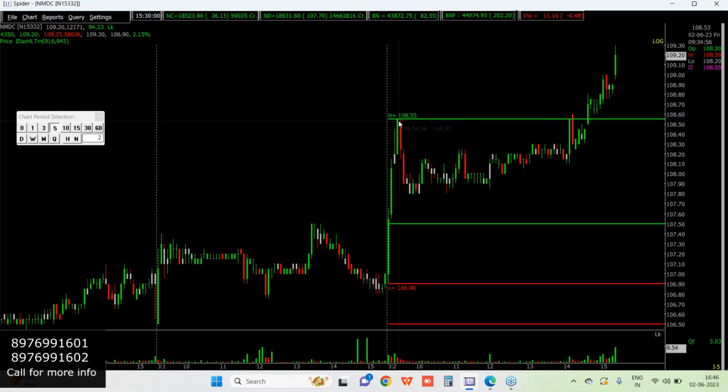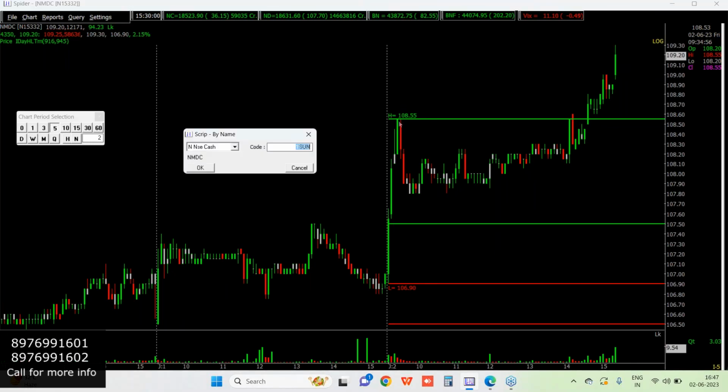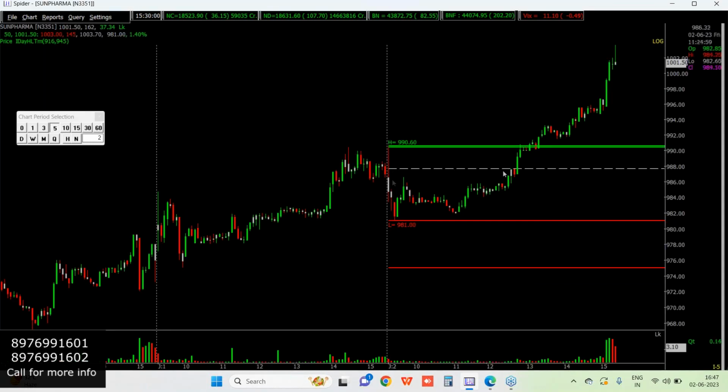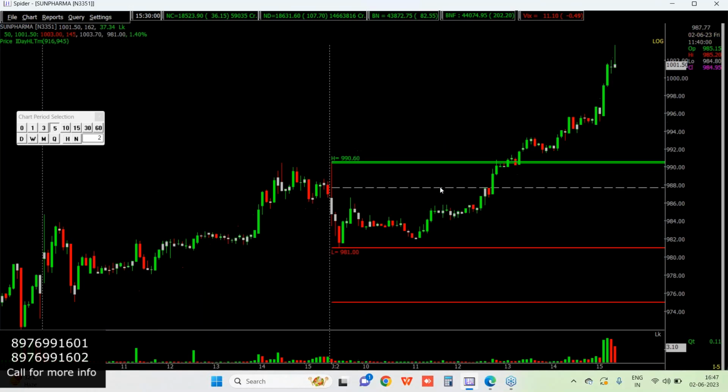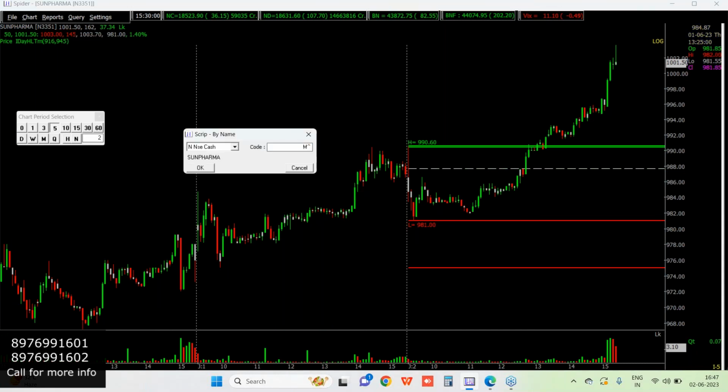Now there is Sun Pharma. I marked here, and definitely whenever you get inside after this zone, you can get a rally. So you can mark this study as per your time, and that will help you get a breakout. Same with M and M.